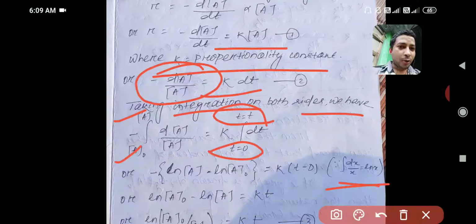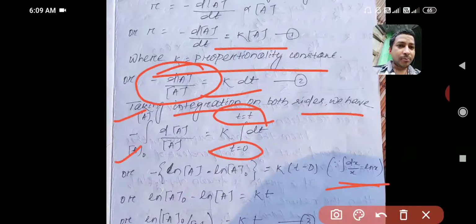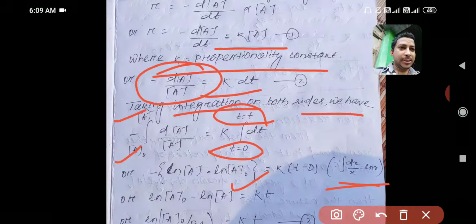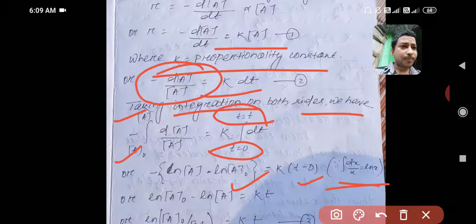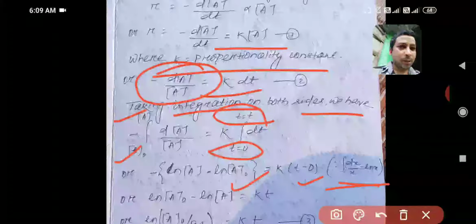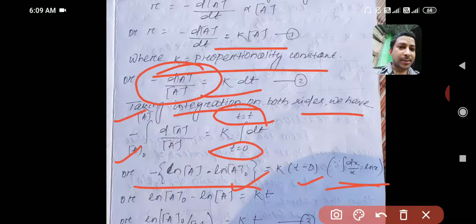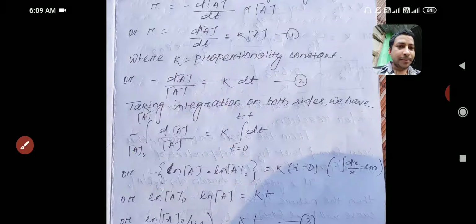So we can write this expression as minus ln a minus ln a0, final minus initial, is equal to K into t minus 0. Or whenever we multiply the minus sign with these terms, we can write this as ln a0 minus ln a is equal to Kt.